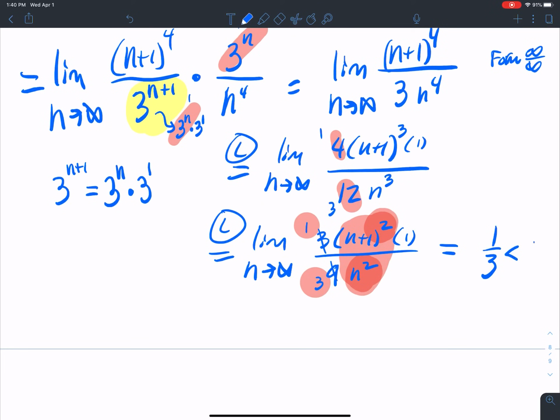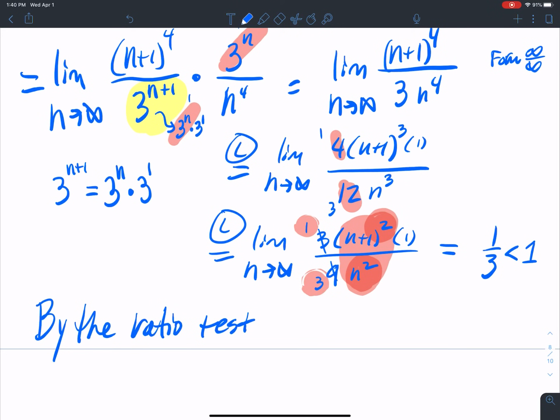1/3 is less than 1. That's good for us because if it's less than 1, the ratio test tells us the series from n equals 1 to infinity of n to the 4th over 3 to the n converges absolutely.